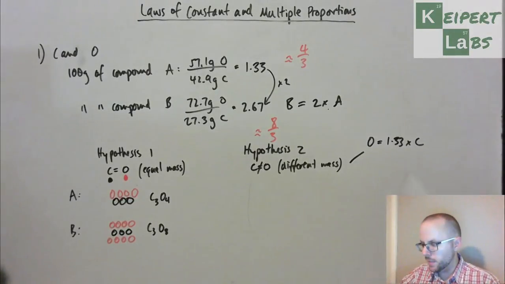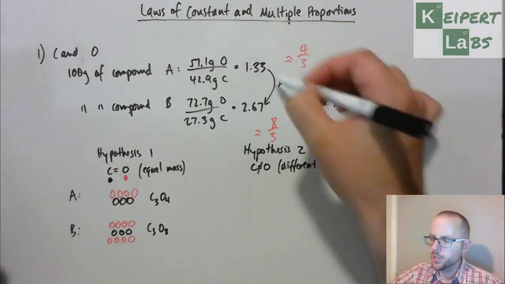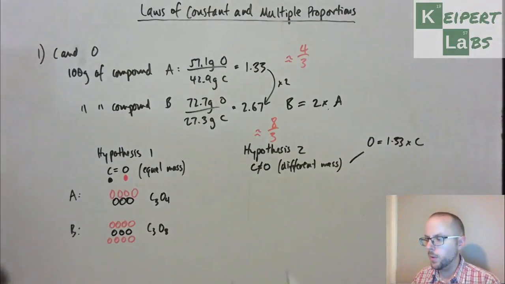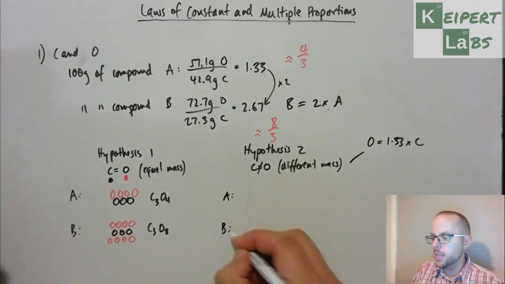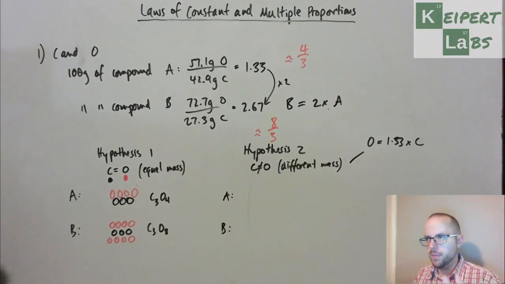That would account for the ratio that we have here. And if oxygen is always like this, then it should be the same thing for A and B, shouldn't it? We're not saying that the masses of carbon and oxygen vary from compound to compound, but that they may be different from each other.